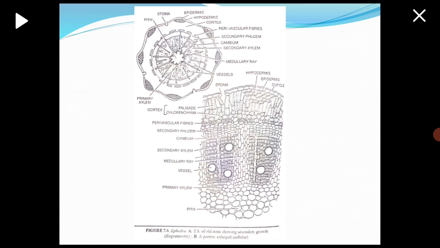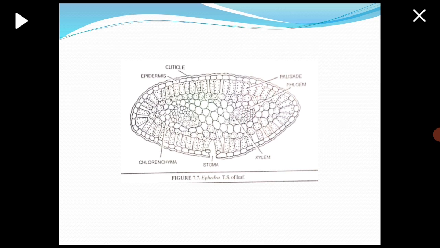So the periderm, consisting of cork, cork cambium, and secondary cortex, replaces all the tissues outside the secondary phloem. Next is the leaf.